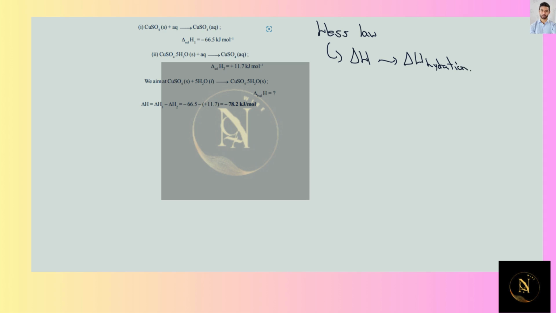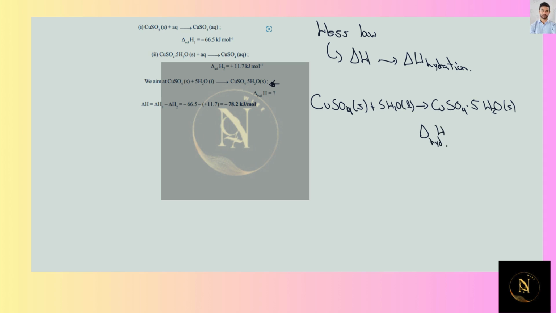So the hydration reaction is going to be defined as follows, in the case for copper sulfate, CuSO4, to get the hydrated version, we would require a certain value for energy, right? So what we want to know is what is the delta H for hydration.